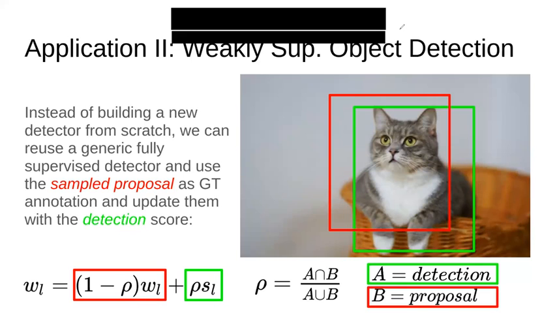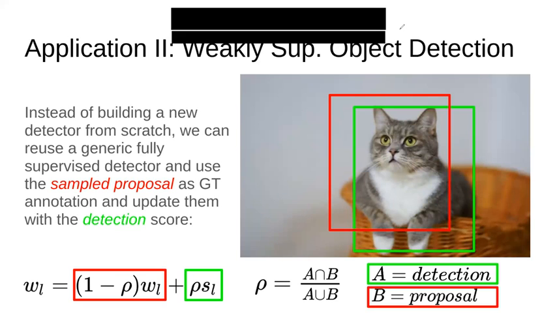Here, the proposal is in red and the detection is in green. And you can see there is some overlap, but it's not exactly the same location. So for the update of the weights, instead of being exactly as the formulation before, we modify this formulation a bit such that it takes into account the overlap of the detection.